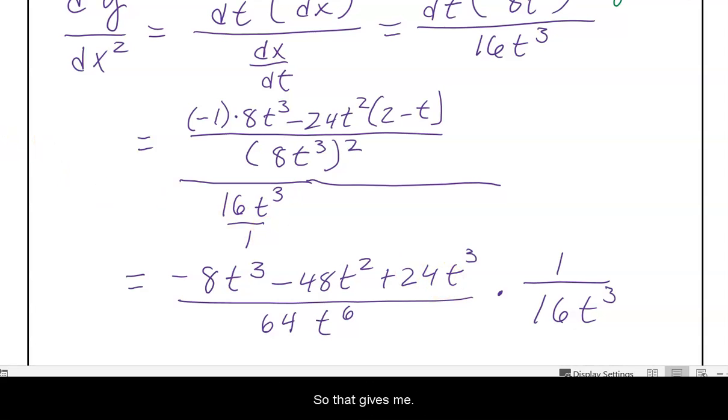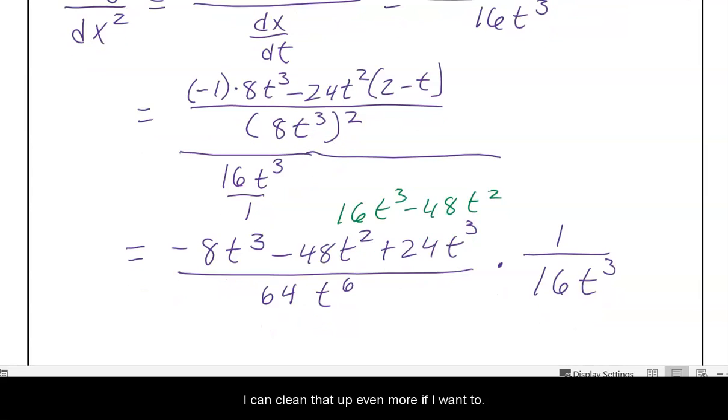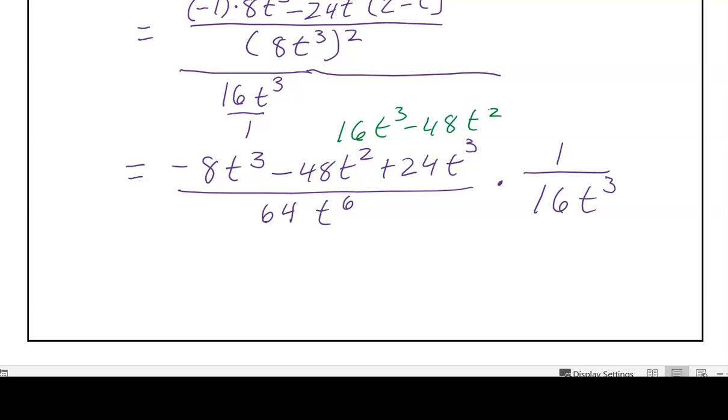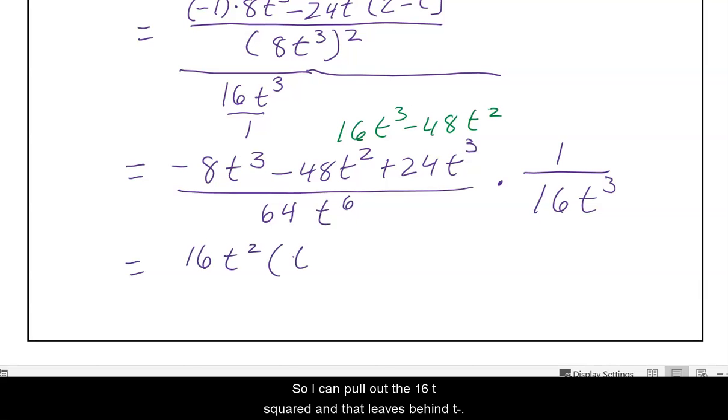So that gives me 16t cubed minus 48t squared. Well, I could clean that up even more if I want to, because it has common factors of 16t squared. So I can pull out the 16t squared, and that leaves behind t minus 3.